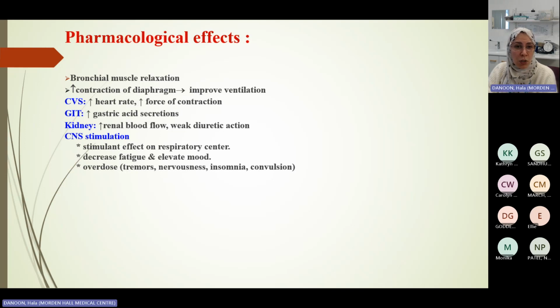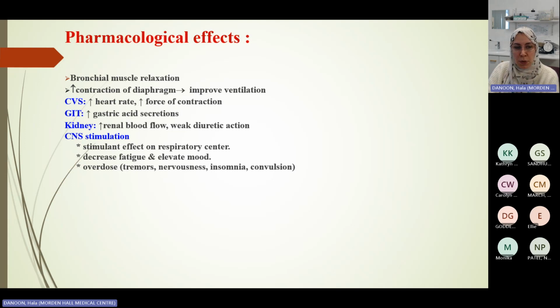The pharmacological effect of this class of medication is it causes bronchial muscle relaxation. We said it increases the contraction of the diaphragm, so it improves ventilation. It increases heart rate and therefore the force of contraction. It increases gastric acid secretion.